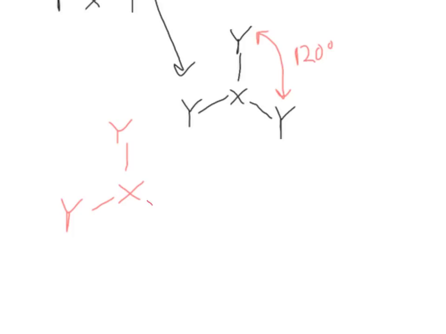And then chemists identify bonds that are not in the plane using wedges and dashes.